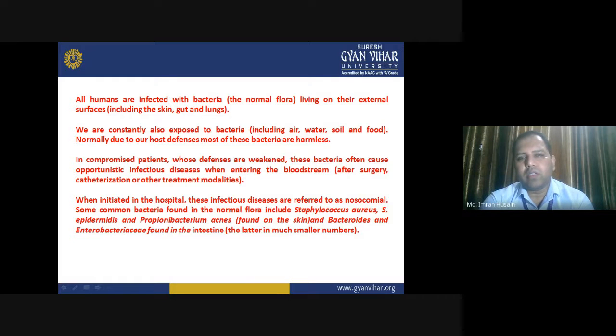So whenever an external pathogen attacks our body, first of all, the microbiota do not offer it space to make itself comfortable and stable. And after that, it has to face competition from the microbiota of our body.